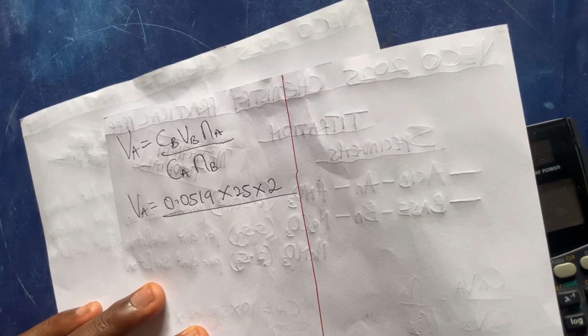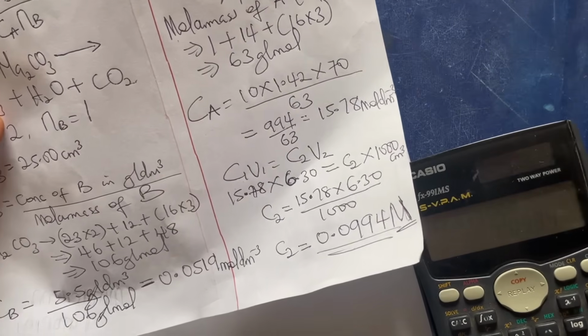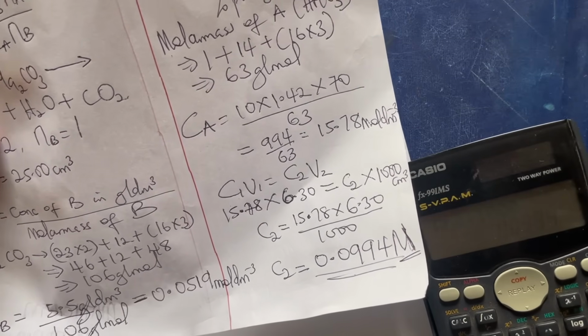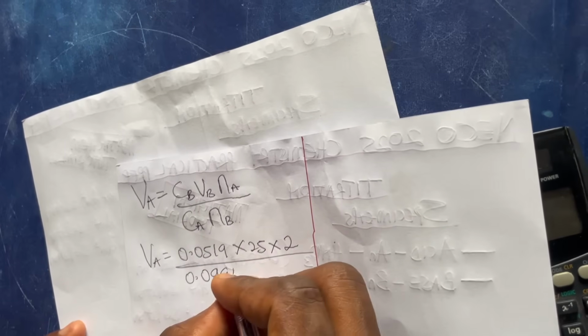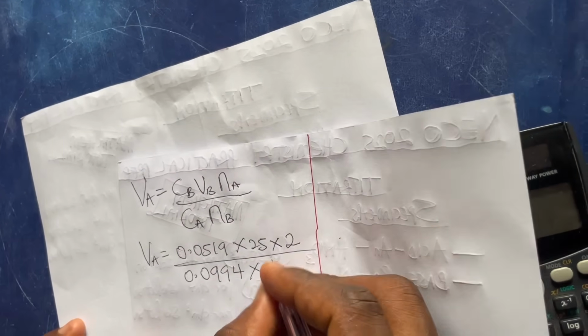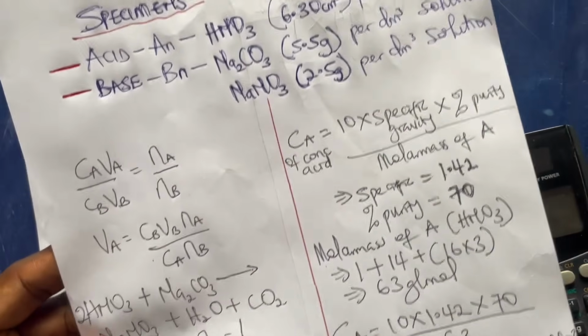Everything all over my CA. My CA is 0.0994 multiplied by NB, which is 1. Can you see it there? The NB is 1.